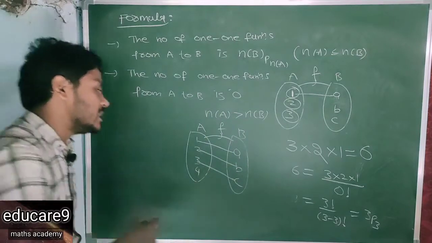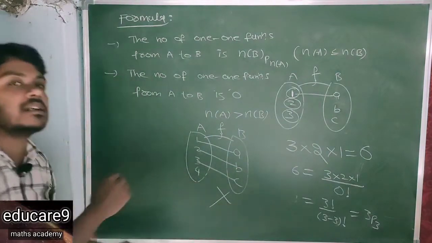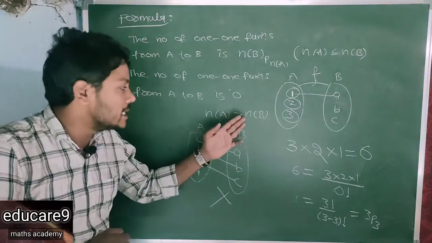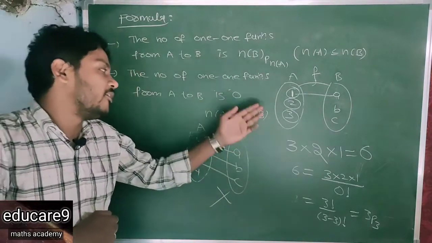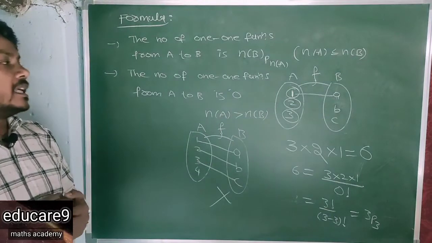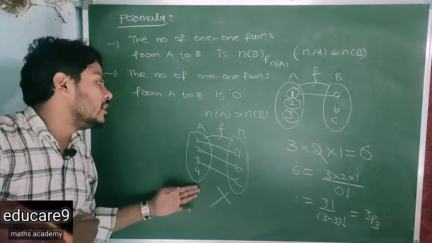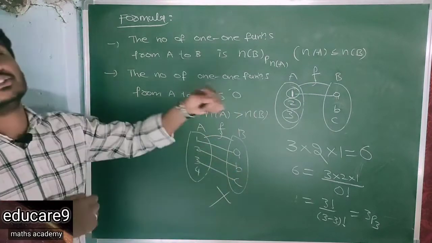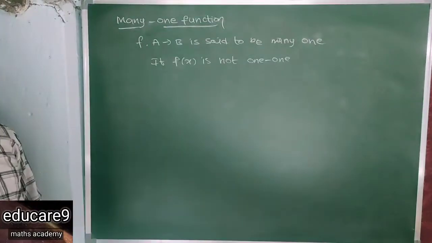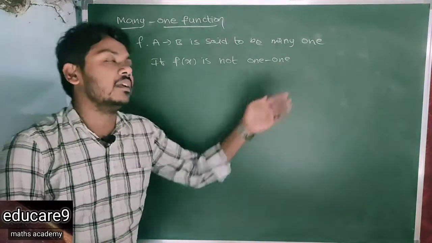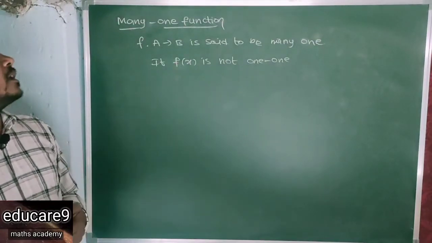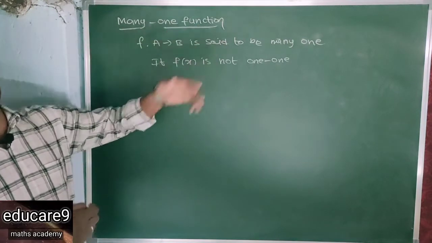So clearly this is not a one-one function. If the number of elements in the domain is greater than the number of elements in the codomain, in that situation the number of one-one functions is 0. The given function is not one-one. So in that case f(x) is called a many-one function.